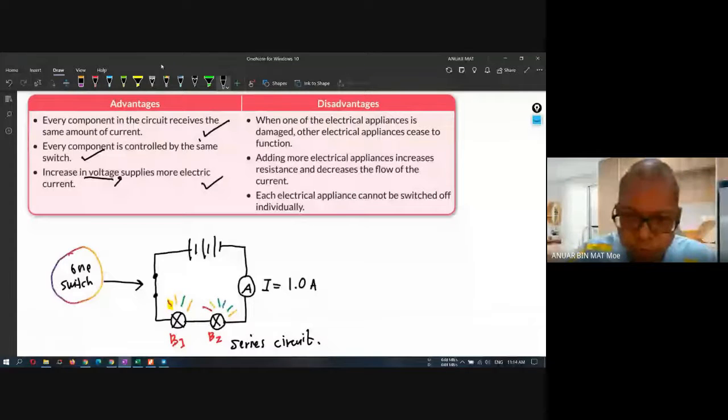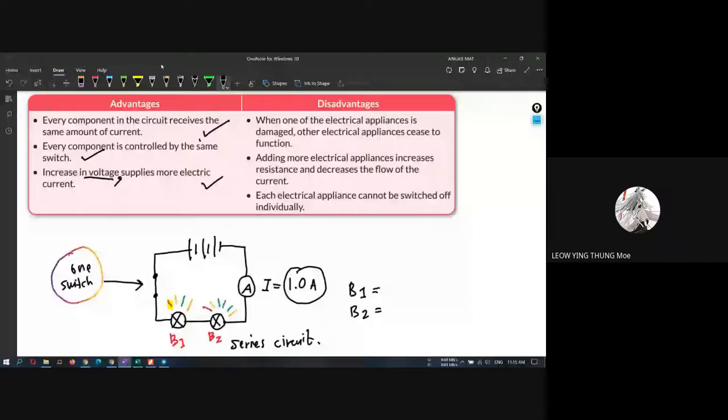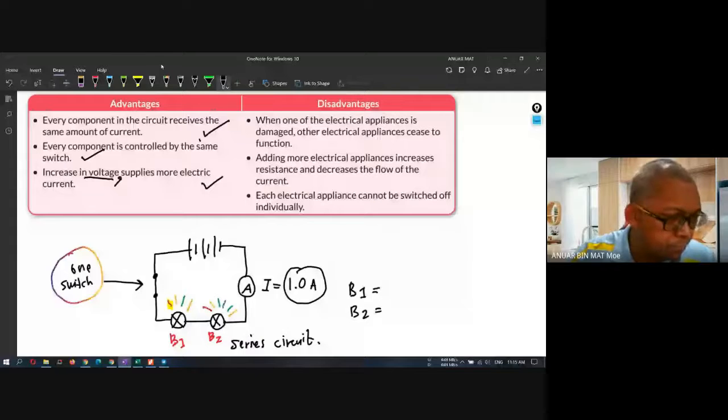The current on B1 and B2, is it same or different? If I add another battery and the total current is 1 ampere, B1 is also the same, meaning that B1 is also 1.0 ampere and B2 also 1.0 ampere. This is the advantage of series circuit.